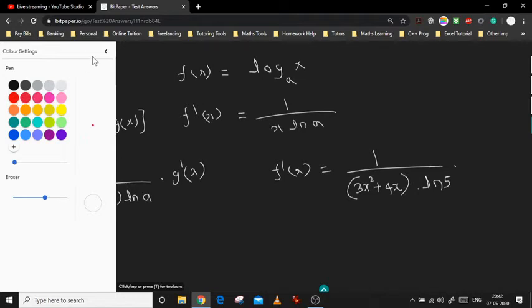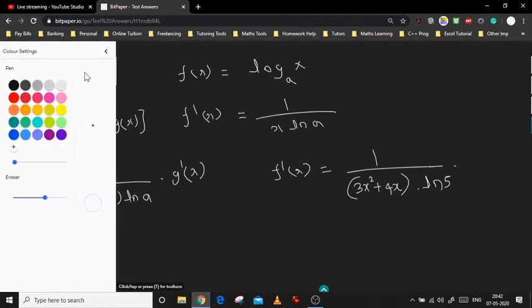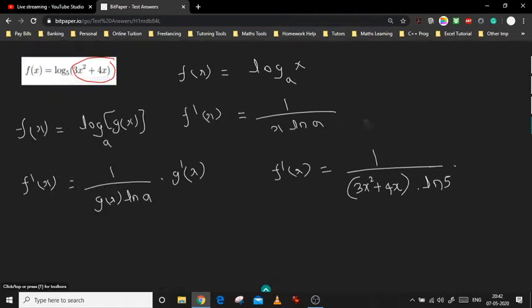So this is our g of x. If you differentiate this, differentiation of g of x in our case, 3x squared plus 4x, g dash of x is equal to 6x plus 4.